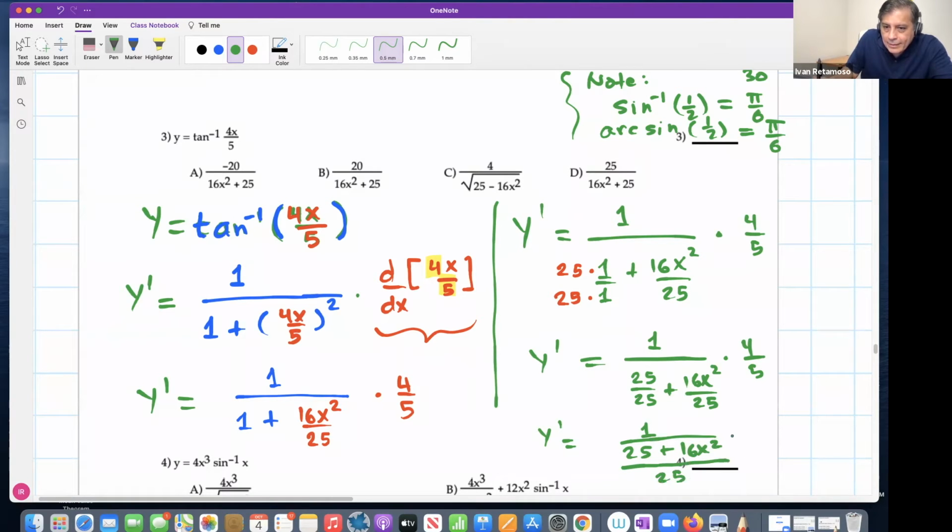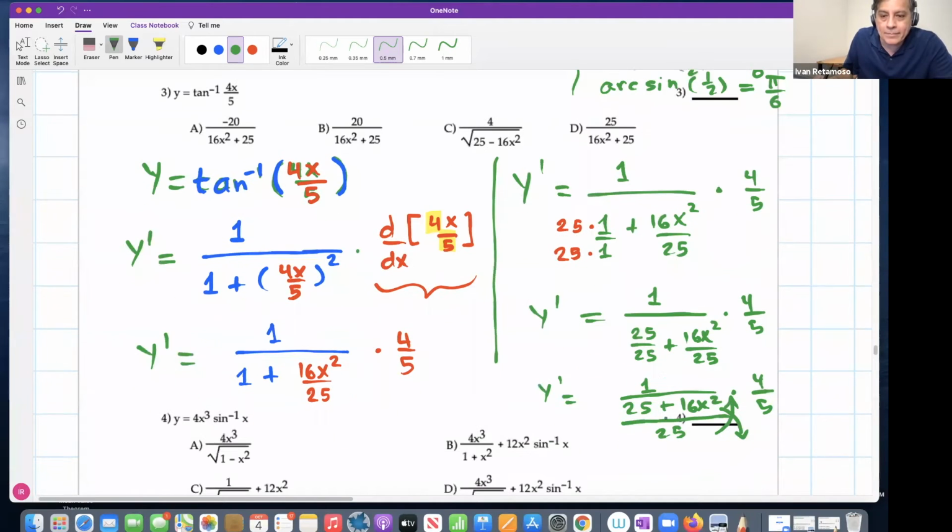Close to the end. Remember, when you divide by a fraction, you multiply by the reciprocal, so you flip this and multiply. This is going to be 25 on the top, 25 plus 16x squared, times 4 over 5.